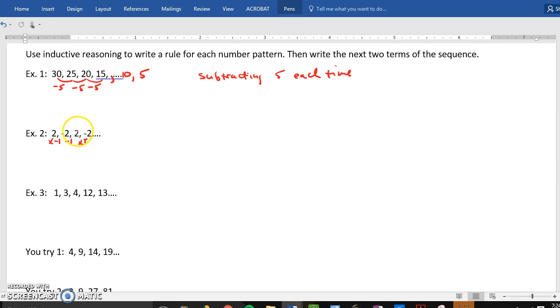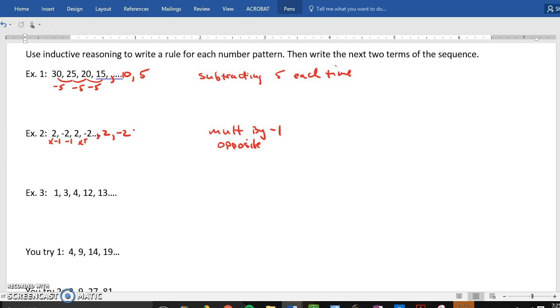Negative 2 times negative 1 is 2. You could say you're multiplying by negative 1 each time, or you could say it's just a number and its opposite each time. So the next ones in the pattern would be 2 and then negative 2.